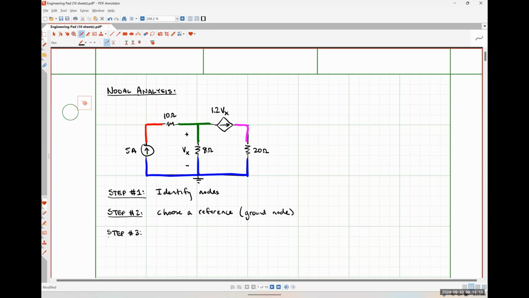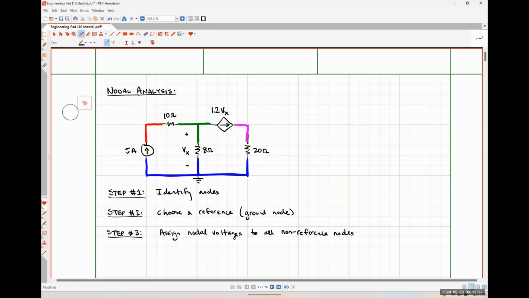our third step is going to be to assign nodal voltages, and I'll talk about what that means in a moment, to all non-reference nodes. So effectively, every node that isn't ground will have some voltage associated with it.